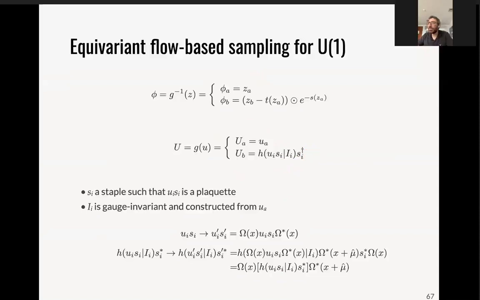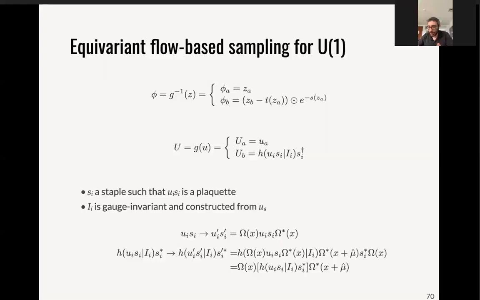So probably it's not useful to do this step by step now, but you can see that this definition is actually one of these definitions where the gauge transformation commutes with the application of the affine layer.